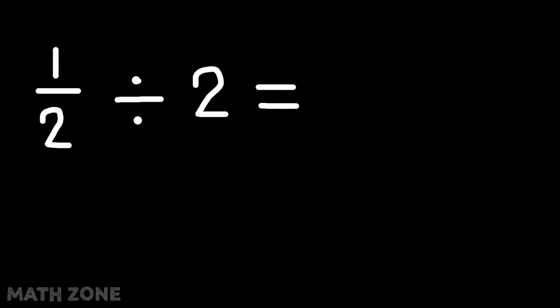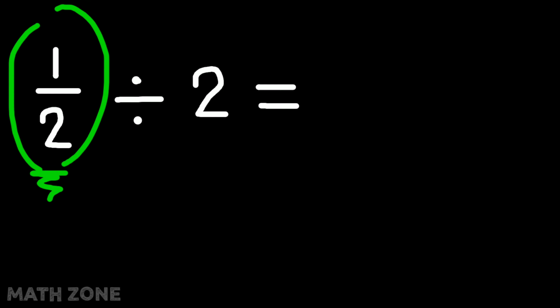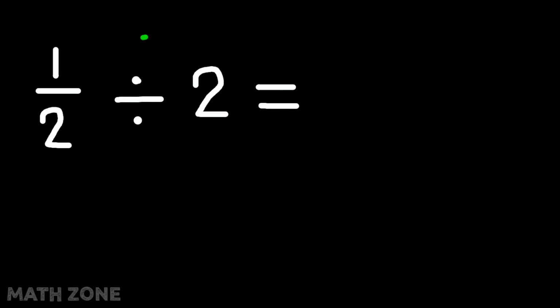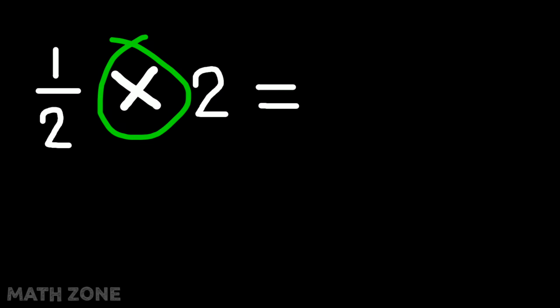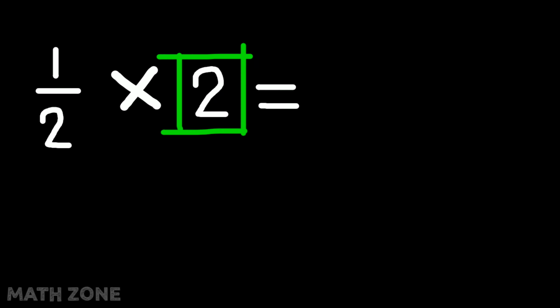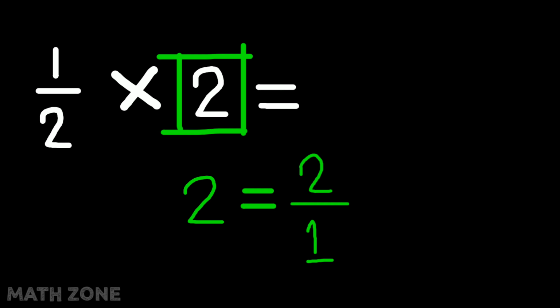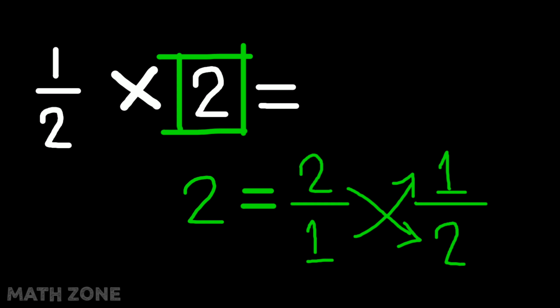So 1/2 divided by 2, just leave 1/2 as it is, change division into multiplication, then reciprocate or inverse 2. 2 is a whole number, and whole numbers always have a denominator of 1. So when we reciprocate 2, it's going to be 1 over 2, or 1/2.